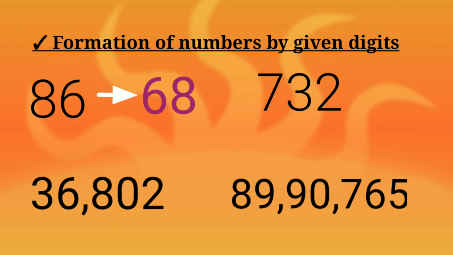Similarly, when you have 3-digit numbers like 732, you have 3 different digits here which make this number.